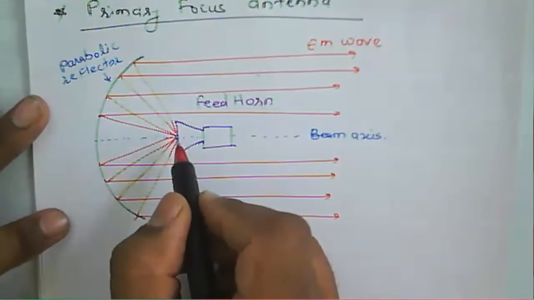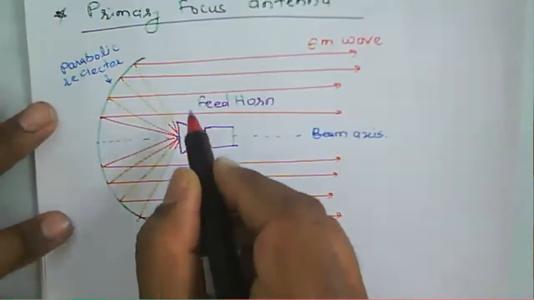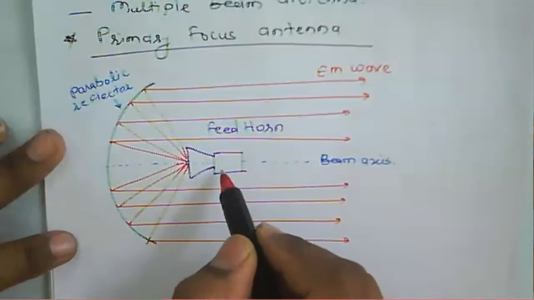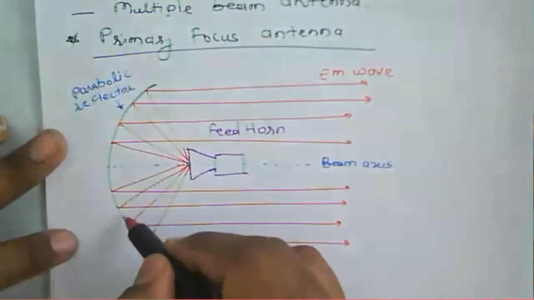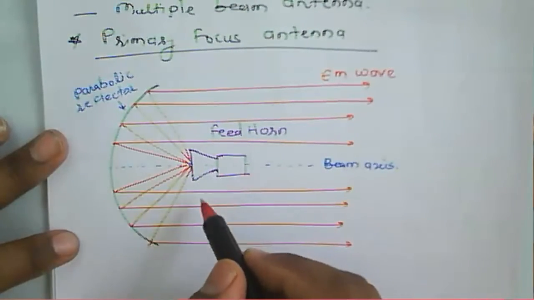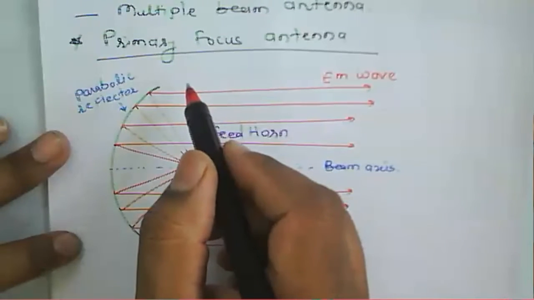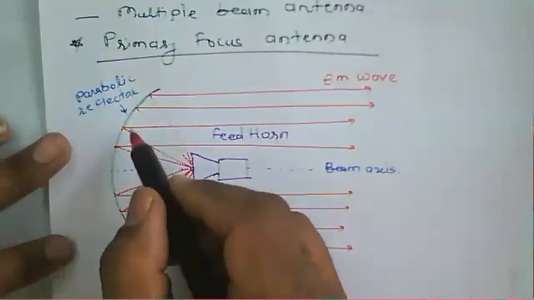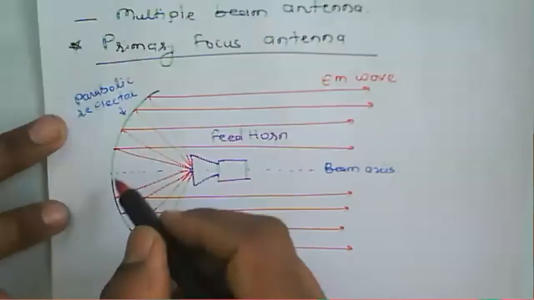So that's why this antenna is called a prime focus antenna. Since it has a single reflector, a parabolic reflector, a single focus, it is called a single reflector antenna, or a prime focus, single reflector antenna.